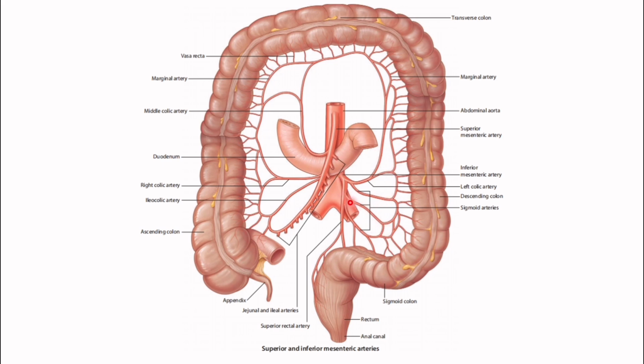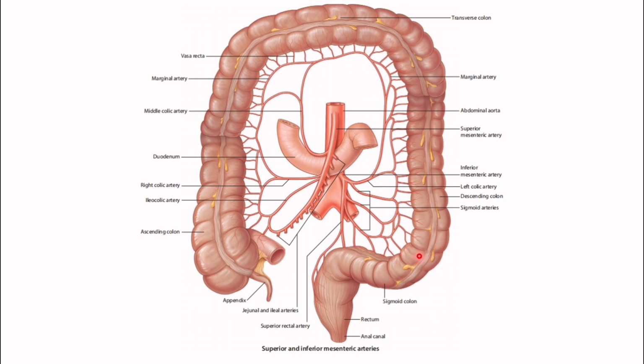So the artery of the foregut is the celiac trunk. The artery of the midgut is the superior mesenteric artery. Then the artery of the hindgut is the inferior mesenteric artery. So the sigmoid colon gets its arterial supply from the sigmoid arteries.